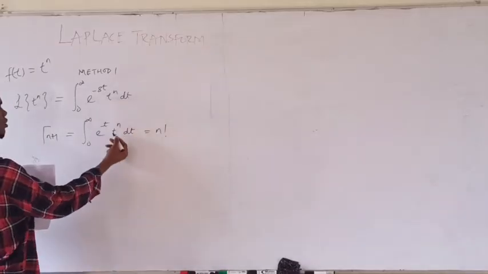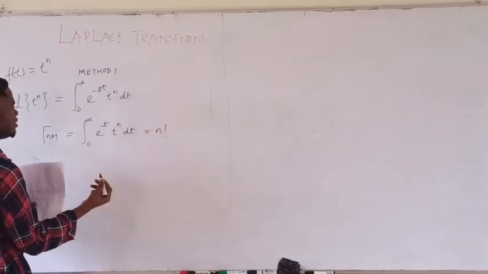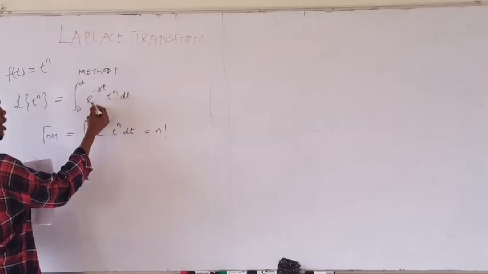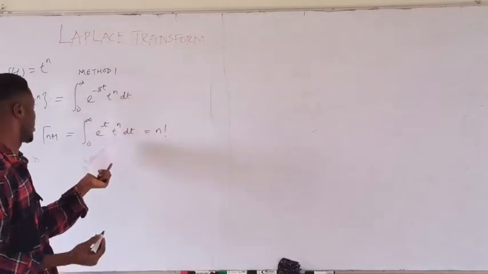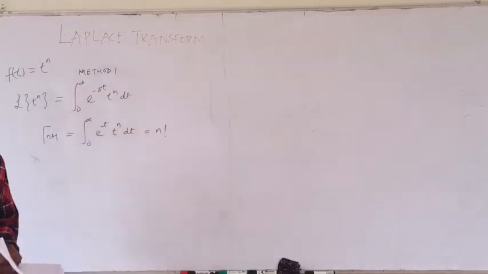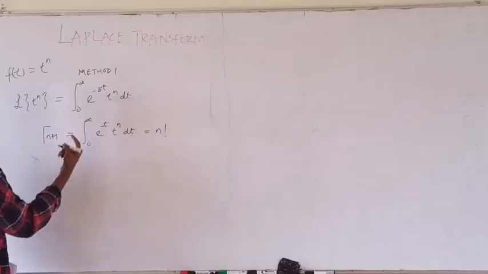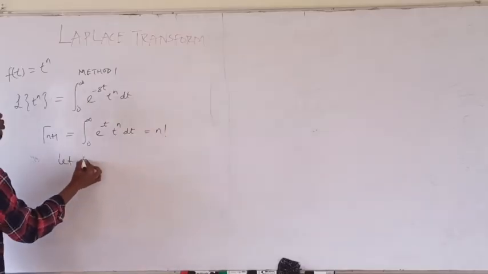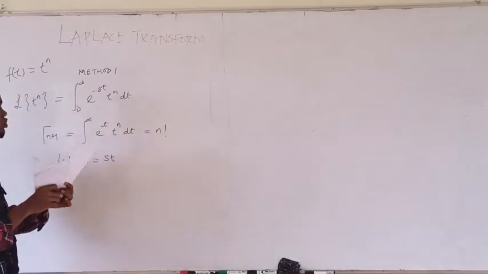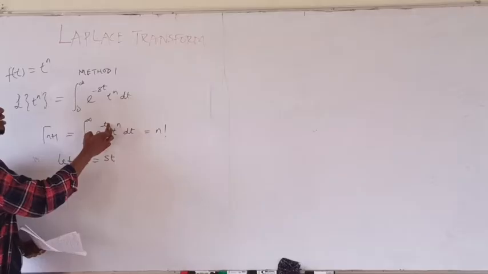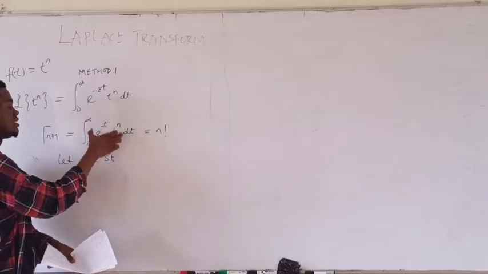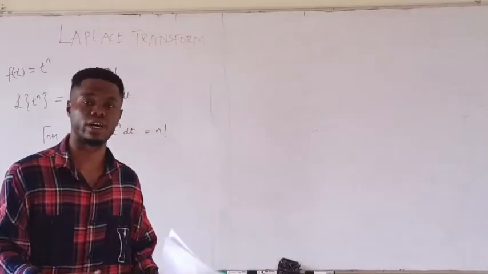For us to make this integral look like this, we have to make the power of this exponent the same as the power of this exponent. So from here, if I say let u equal st, it doesn't matter the letter I'm using. The only thing that matters is that I make these integrals resemble each other.